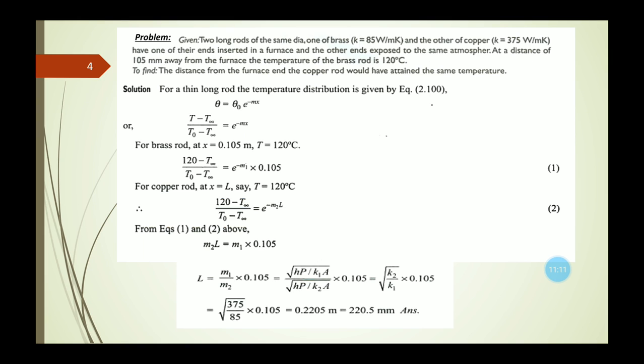And for these two different rods, one of their ends is inserted in a furnace and the other ends are exposed to the same atmosphere at a distance of 105 mm away from the furnace. The temperature of the brass rod is 120 degrees centigrade. Now we need to find the distance from the furnace at which the copper rod would have attained the same temperature. This is the thing we need to calculate here.